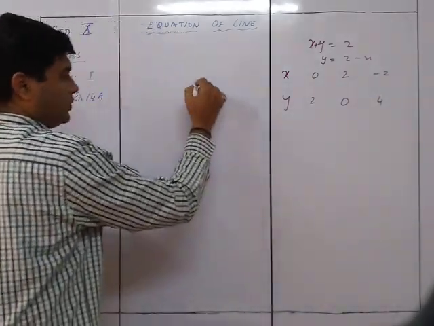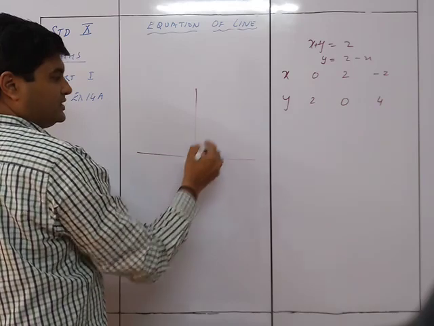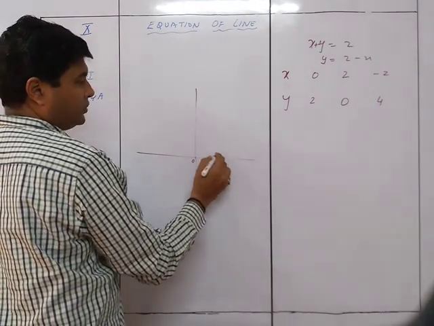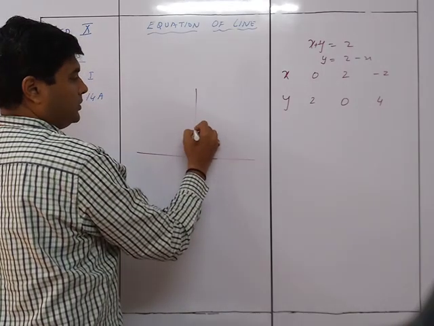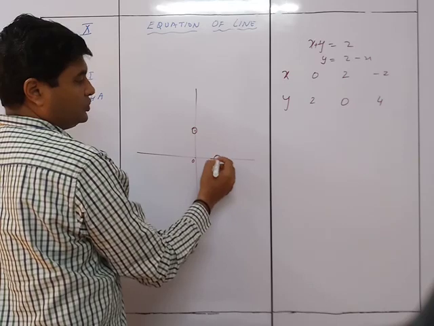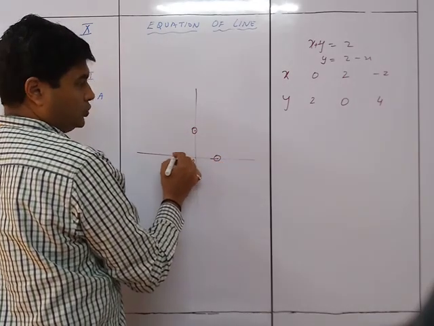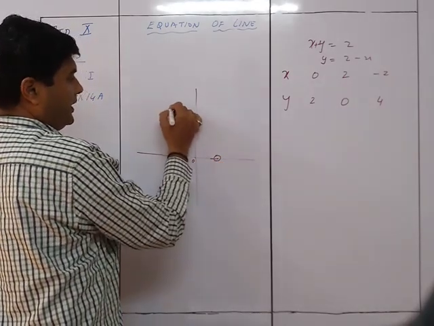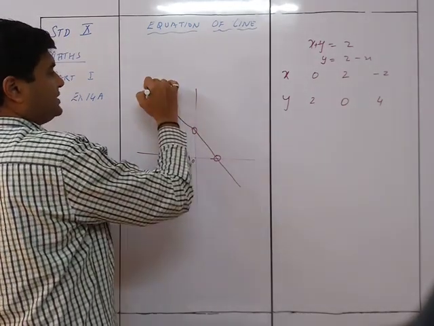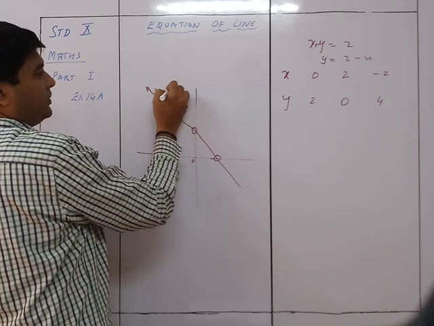Accordingly, you plot the points 0 comma 2, 2 comma 0, and minus 2 comma 4, and you draw the line, and you said that this line was x plus y is equal to 2.